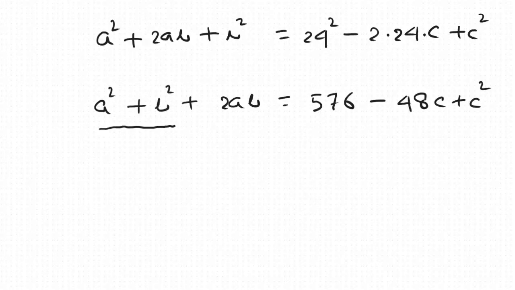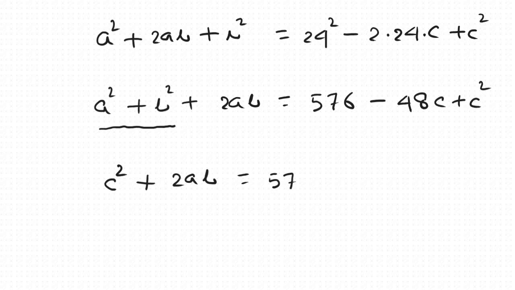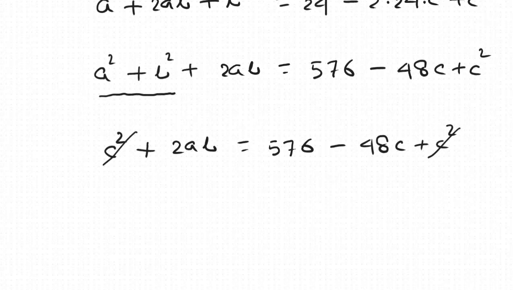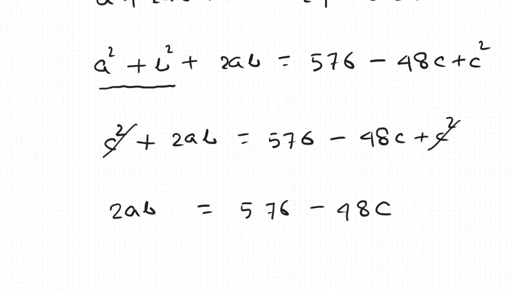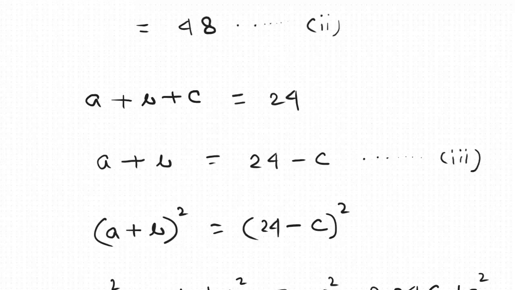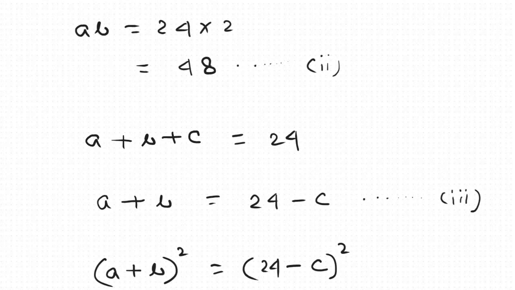So we can write C square plus 2AB equals 576 minus 48C plus C square. We can cancel C square from both sides and write 2AB equals 576 minus 48C. But the value of AB is given, which is 48 from equation number 2.